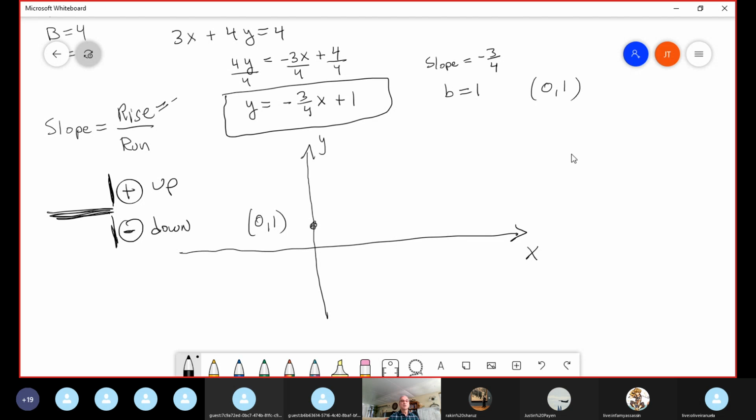You assume that the one responsible for being negative is the rise, always. I suppose that run is 4. So rise down, 1, 2, 3. This is rise. And the run is 4. Then in that direction is 1, 2, 3, and 4.